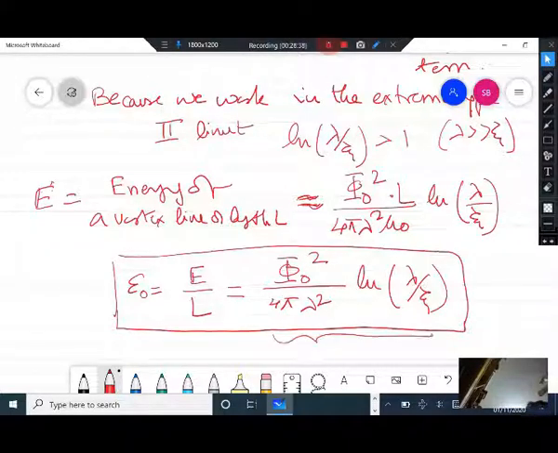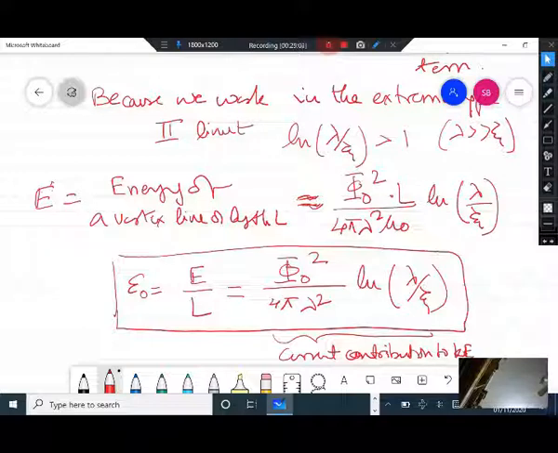This is the current contribution to kinetic energy, which dominates over the magnetostatic contribution in the extreme type 2 case, and it is a very strong contribution because it has a 1 by r dependence.